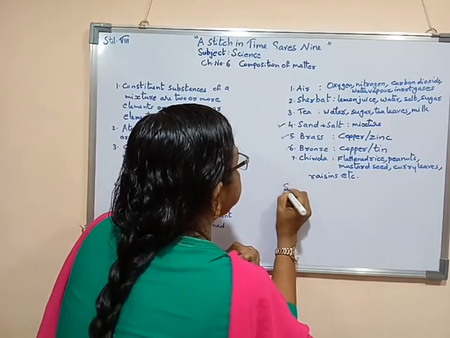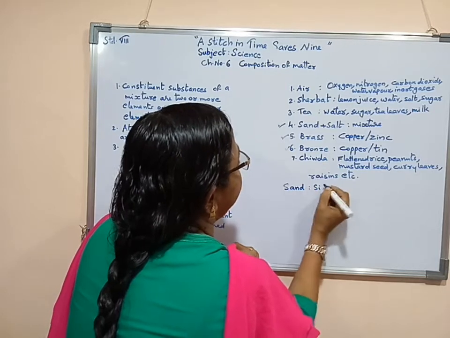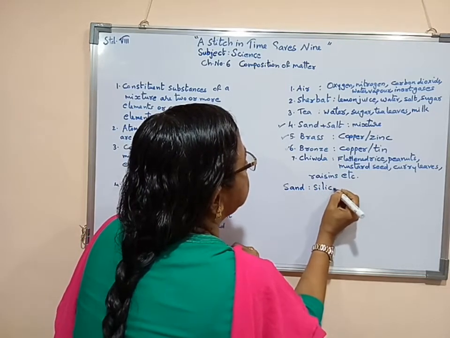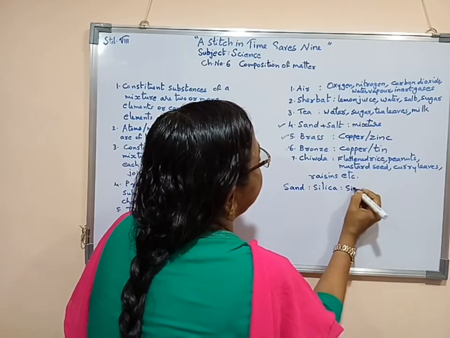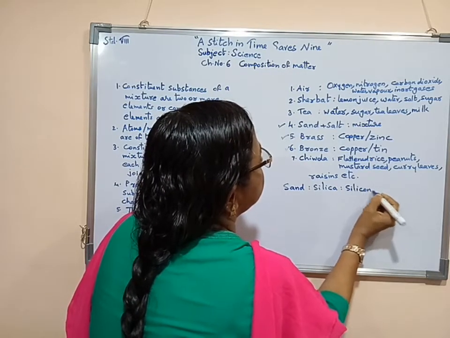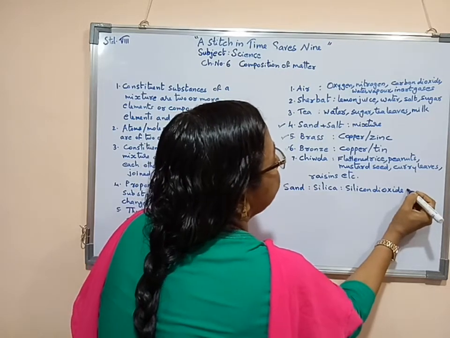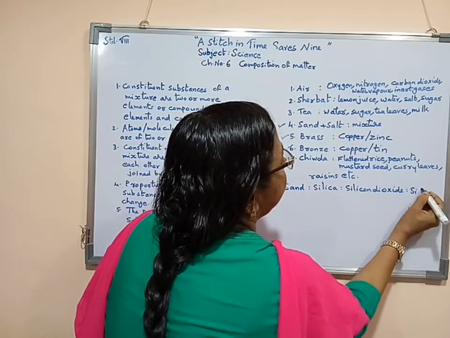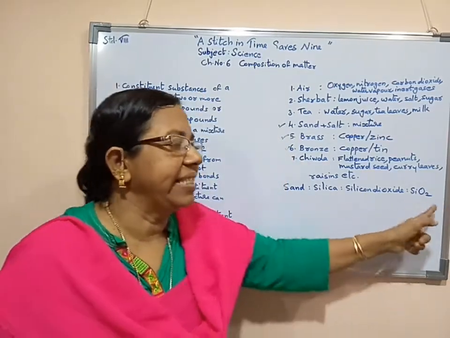Now sand, we can write its chemical name as silica. We can call it silicon dioxide also. Its molecular formula is SiO2.